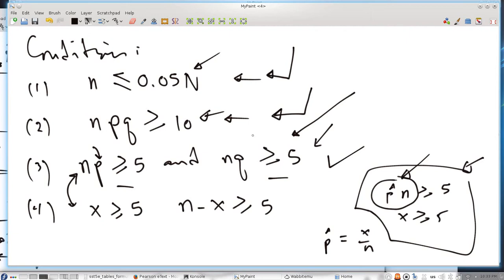So these are the conditions that check and confirm that the data has a binomial property and that it has a normal distribution.